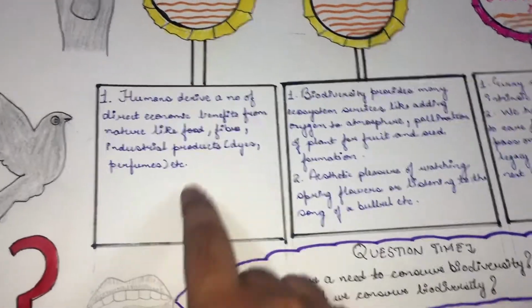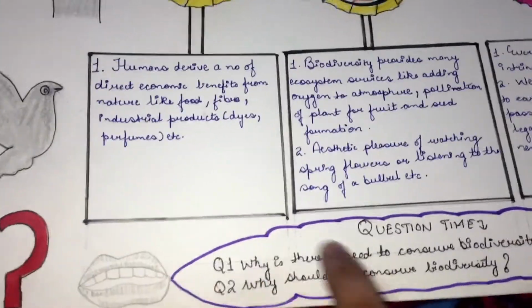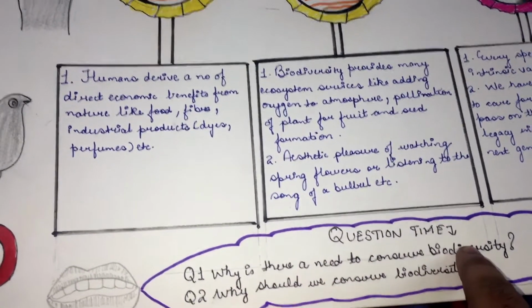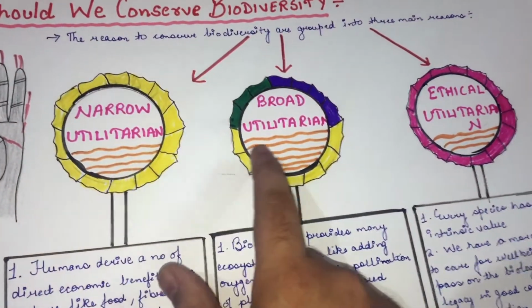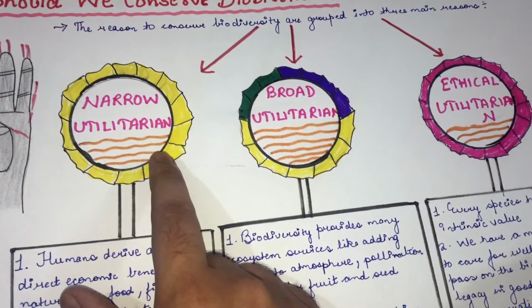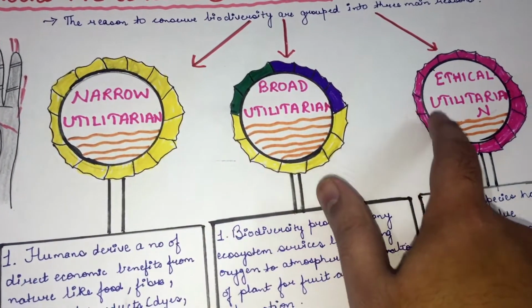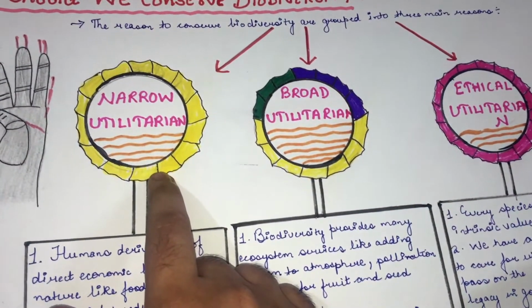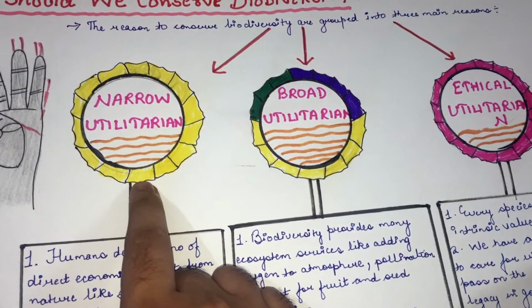Now, the question asked is, why is there a need to conserve biodiversity? There is a need to conserve biodiversity due to the three main reasons given in the NCERT: narrow utilitarian, broad utilitarian, and ethical utilitarian. In the narrow utilitarian, we get direct economic benefits from the ecosystem.